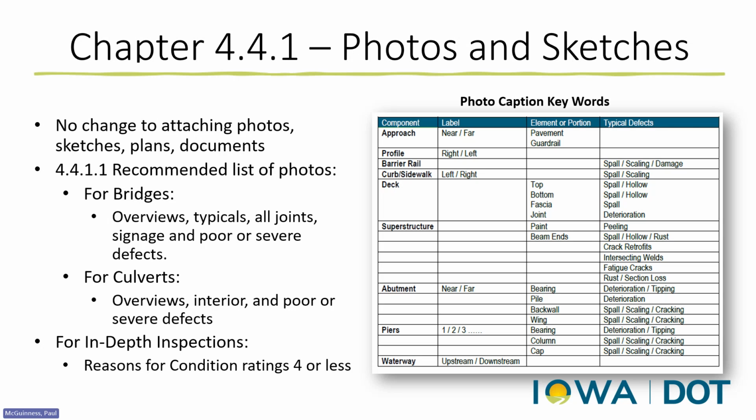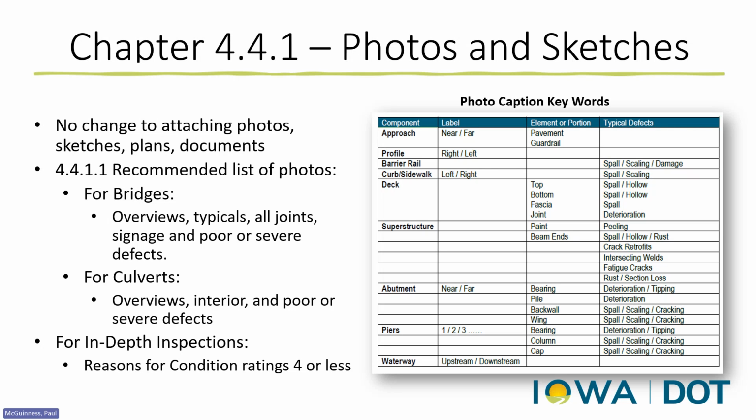We've inspected some bridges where one direction is posted 40, the other direction is posted 28, and it was the same bridge, same roadway. So some things like that can happen. As always, we want the poorest conditions photographed, but it's not necessary to get a photo for every repetitive defect if it's very, very common or repetitive.